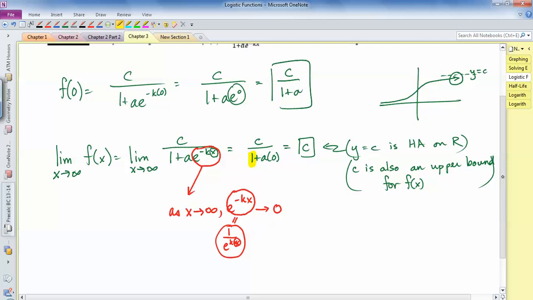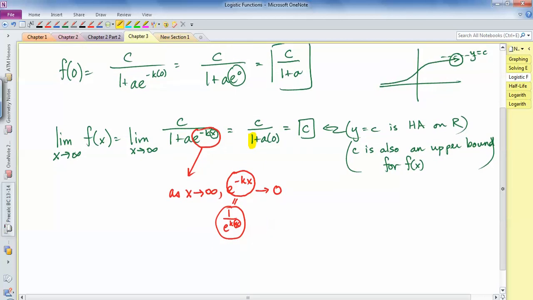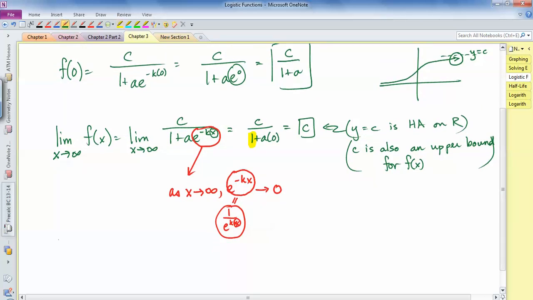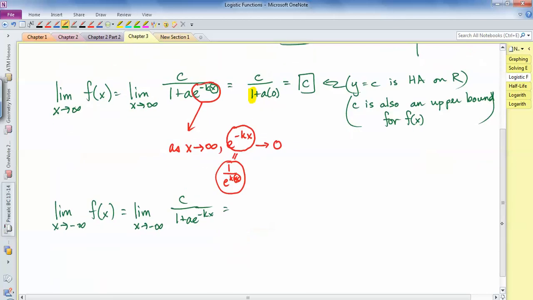Then one other thing that we often look at is what happens as x goes to negative infinity. If you go backwards in time, if you think about population growth, if you go backwards far enough, eventually you don't have anybody around. So it ought to be 0. Let's see if that actually happens. So c over 1 plus a e to the negative kx, and again I'm going to do a little side work here.